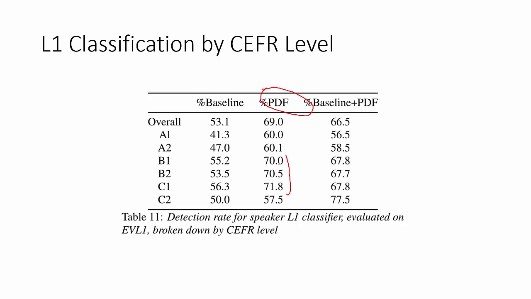This is interesting because you might expect that the worst speakers are probably the easiest to classify because they make the most mistakes, but actually they found that beyond a certain point they're speaking so badly that the ASR system just cannot pick up the words correctly, and they cannot do the phone alignment correctly, so the system doesn't work as well when your level of speech is too poor.